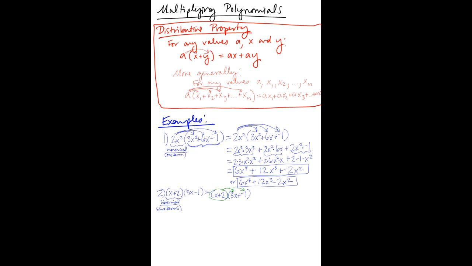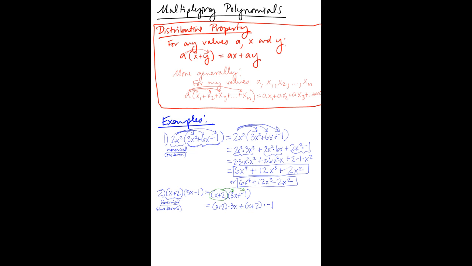And if I did that, I would get x plus 2 times 3x plus x plus 2 times negative 1. I use the distributive property.